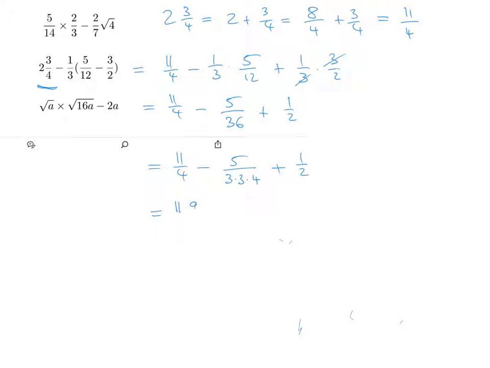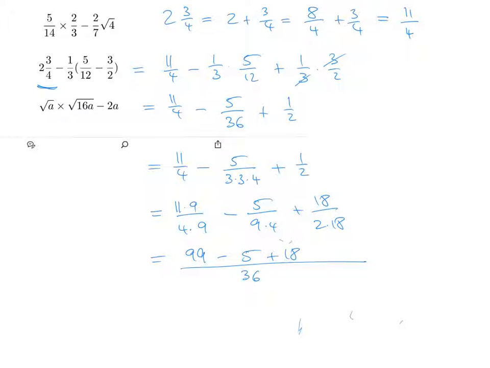So 11 times 9 over 4 times 9, minus 5 divided by 9 times 4, plus, how do we get 36 here, we can multiply both here by 18. So now we have a common denominator, and then we can write this as 36, and here we have 99 minus 5 plus 18.